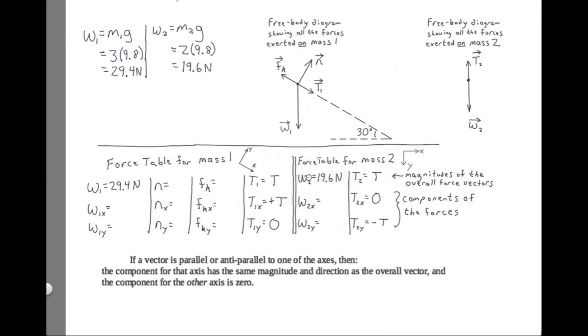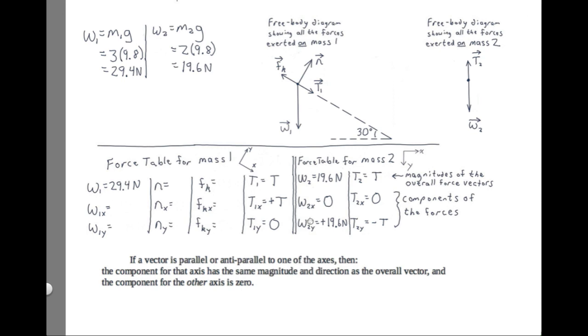I'll start with weight 2. So weight 2 is parallel to the y-axis. Weight 2 points in our positive y direction. So weight sub 2y will be positive 19.6 newtons. And there will be 0 x component for weight 2 using this rule.